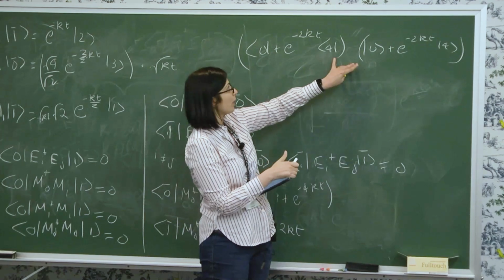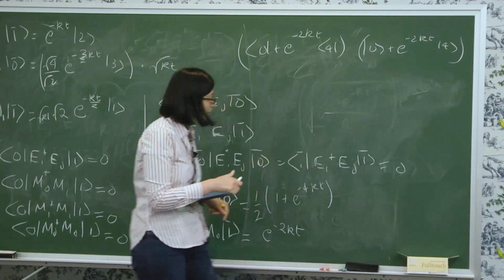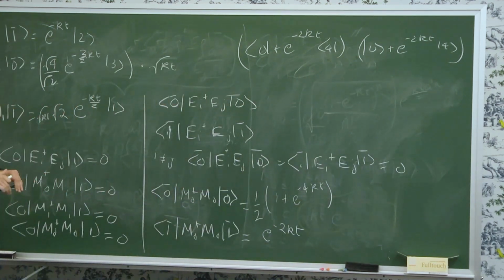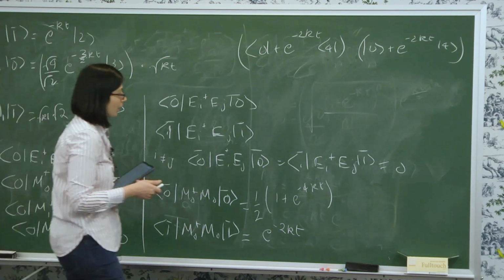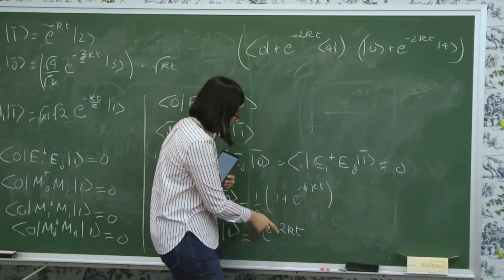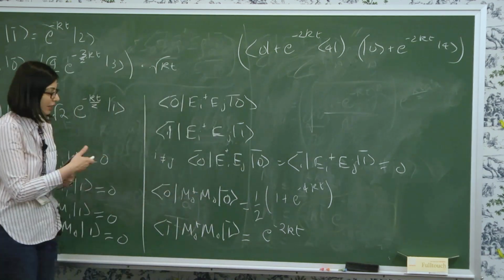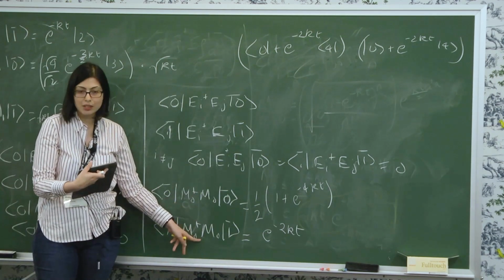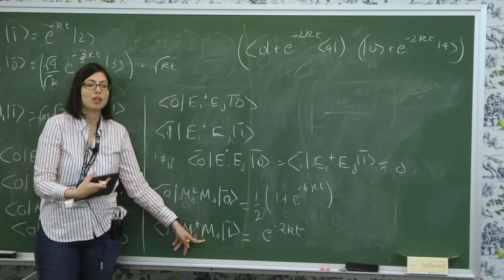So 0, 0 is 1 and 4, 4 is e to the minus. Yeah, good. Right, so for the error correction criteria to be satisfied, this and this should have been the same, but they're not.